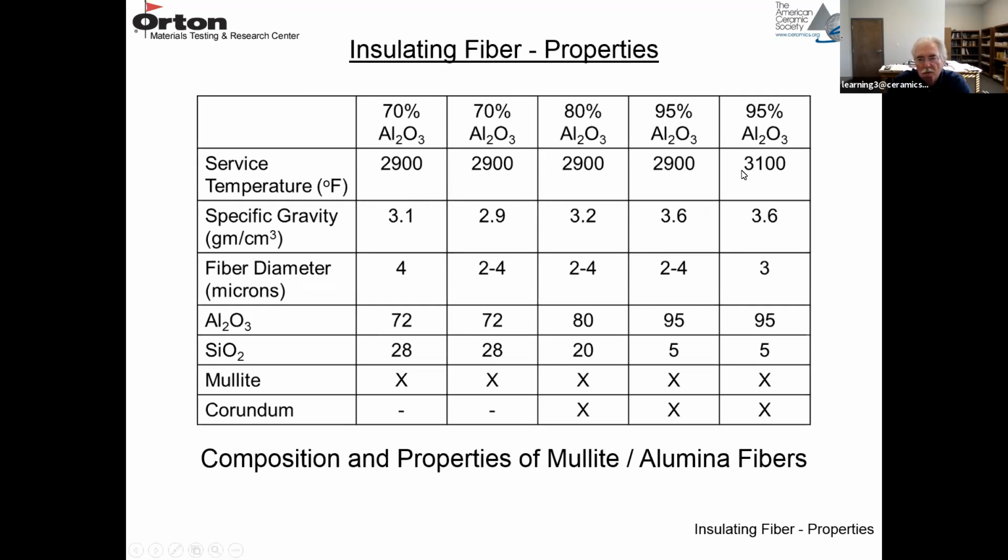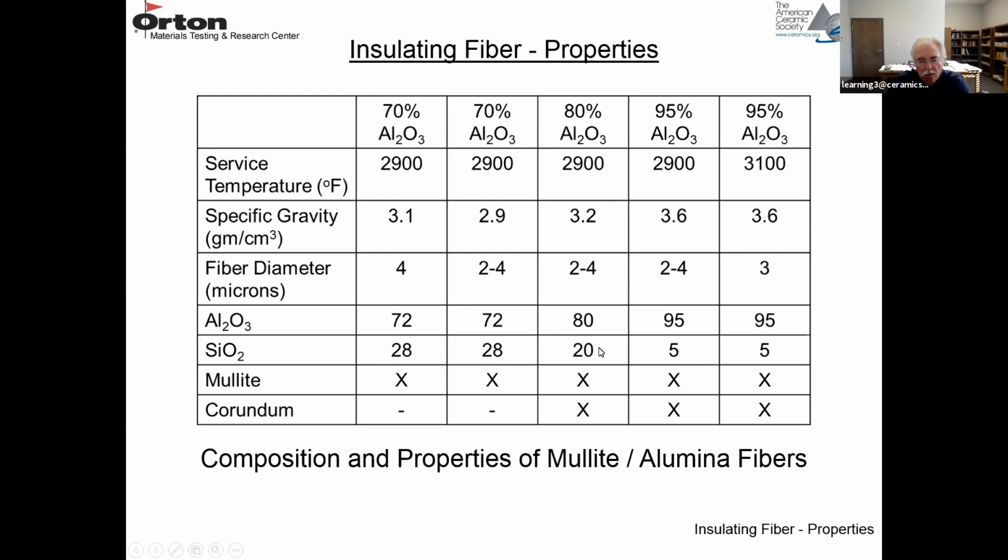Their surface temperatures are higher, maybe 2900 to 3100 degrees F. These are the specific gravities or densities in grams per cubic centimeter. They're all around 3 to 4. These fiber diameters are around 2 to 4 microns. These are the alumina contents that correspond to the specifications.